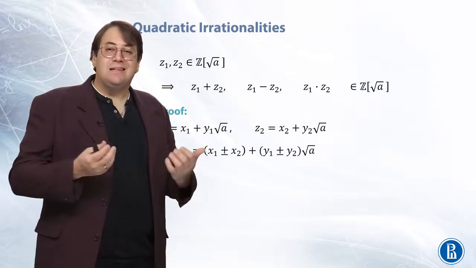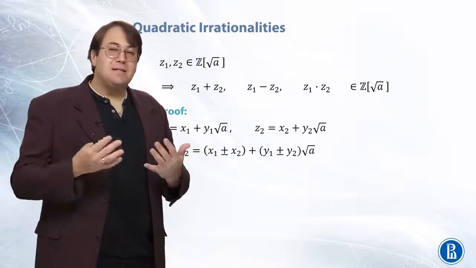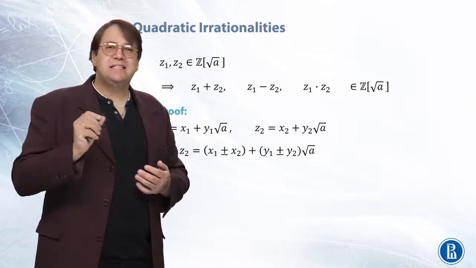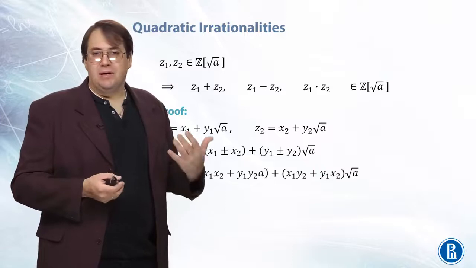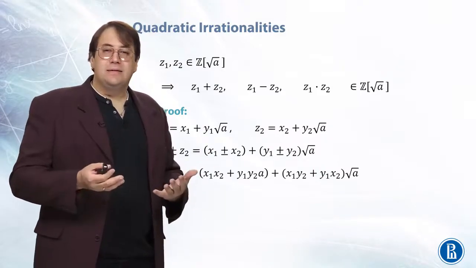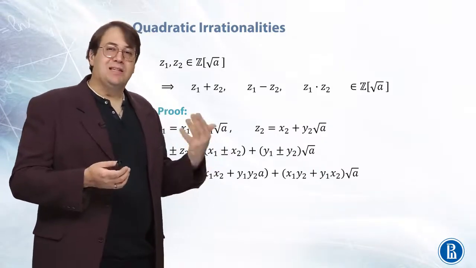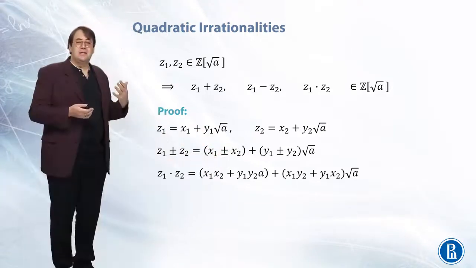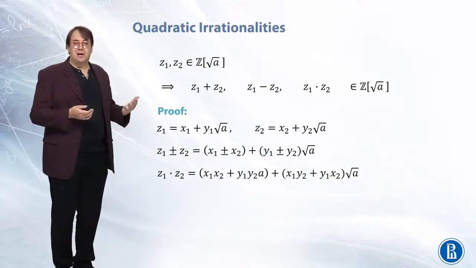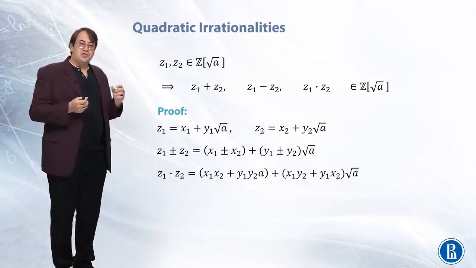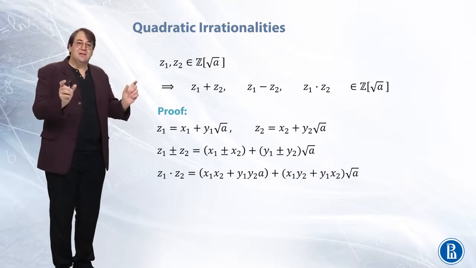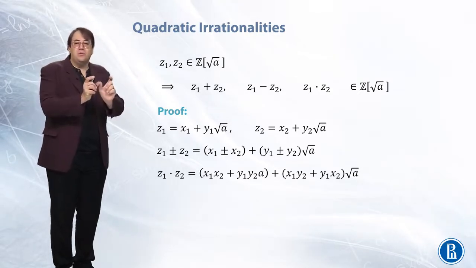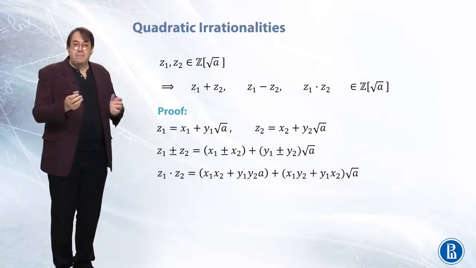Well, the product of z1 and z2 is a bit complicated, but just a bit. But let's take a look. z1 multiplied by z2 is, well, you see, x1 multiplied by x2 plus y1 multiplied by y2 multiplied by a, which is formed of the irrational parts of z1 and z2. When they multiply, they form just a.